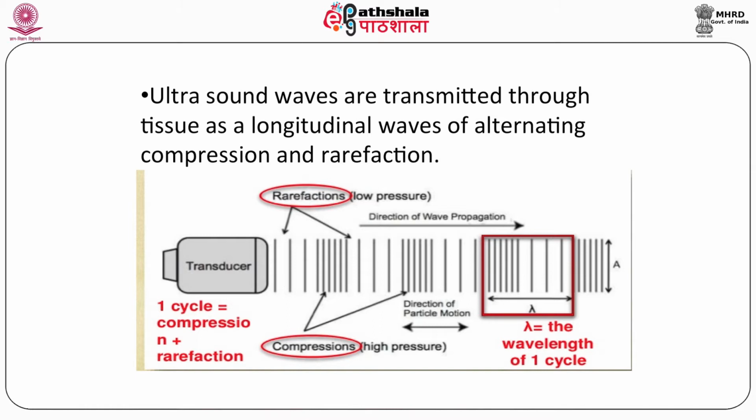Time period is the time taken for one complete oscillation in the density of the medium. The amplitude is the magnitude of maximum displacement in the medium on either side of the mean value.